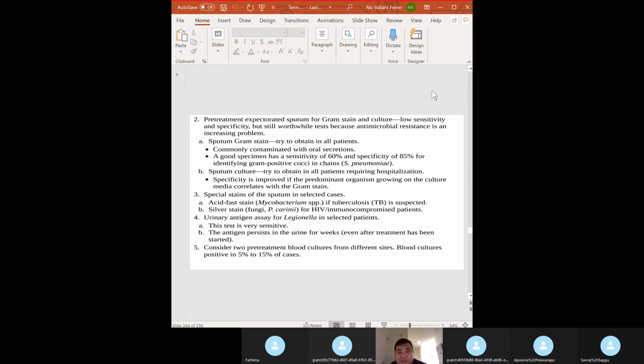HIV positive patients, Pneumocystis carinii, right? Organ transplant patients, patients with renal failure or chronic lung disease, Legionella. Okay, those are high yield associations.